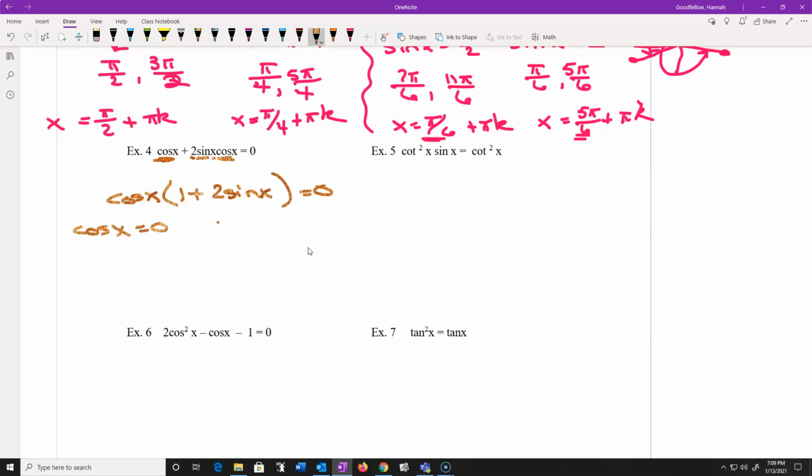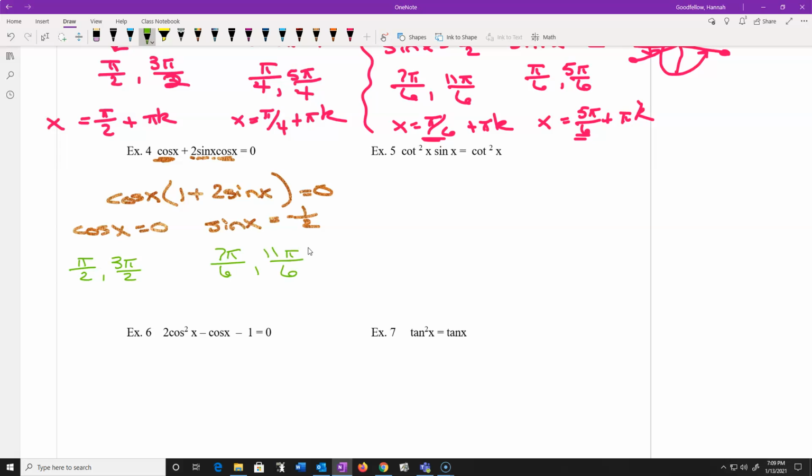Again, we're solving for several answers here. Cosine is 0, and sine of x is equal to negative 1/2. Solving for all the individual solutions here, cosine is 0 at pi over 2 and 3 pi over 2, and sine is going to be negative 1/2 at, we did that one just a second ago, 7 pi over 6 and 11 pi over 6.